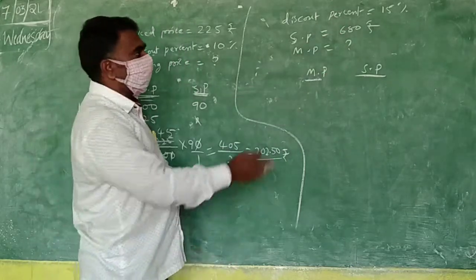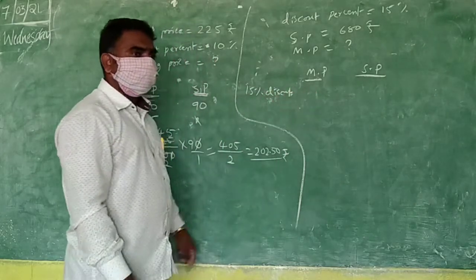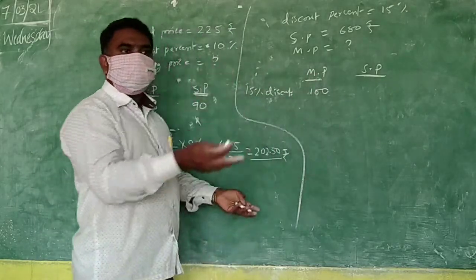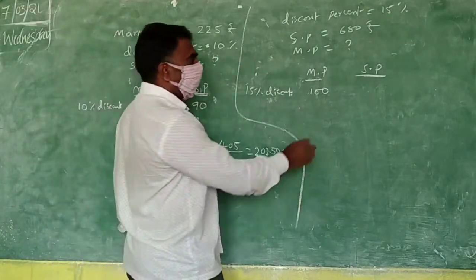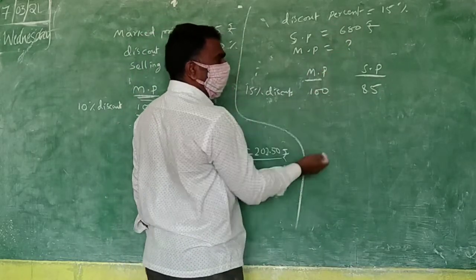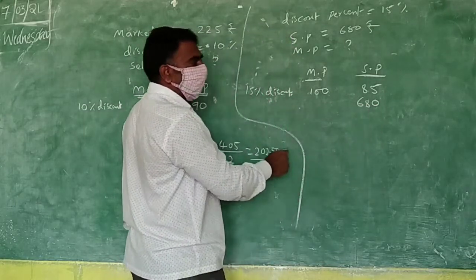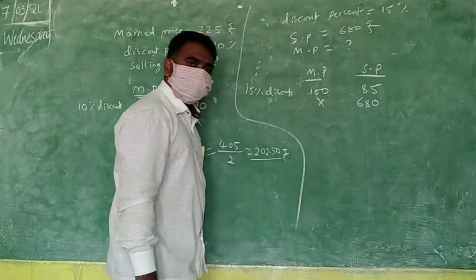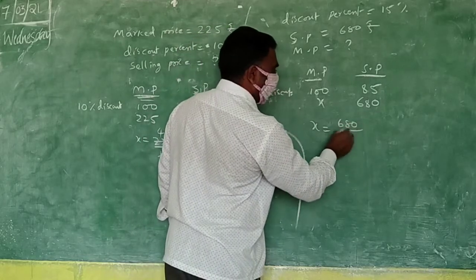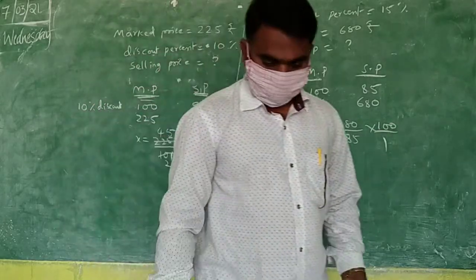From the 15% discount, the market price will be 100, in that 15 rupees discount means the selling price will be 85 rupees, because it will decrease. Second step: you know SP, that's why this value is under SP, and you have to find market price, that's why under that. Then you can find the calculation: x is equal to 680 by 85 into 100. So do the calculation correctly.